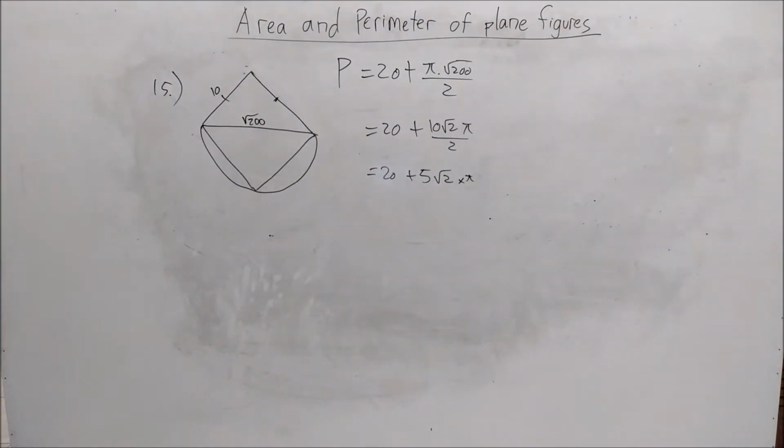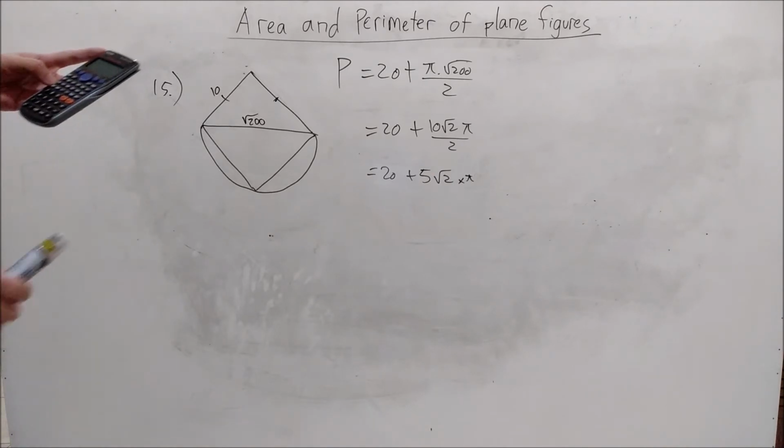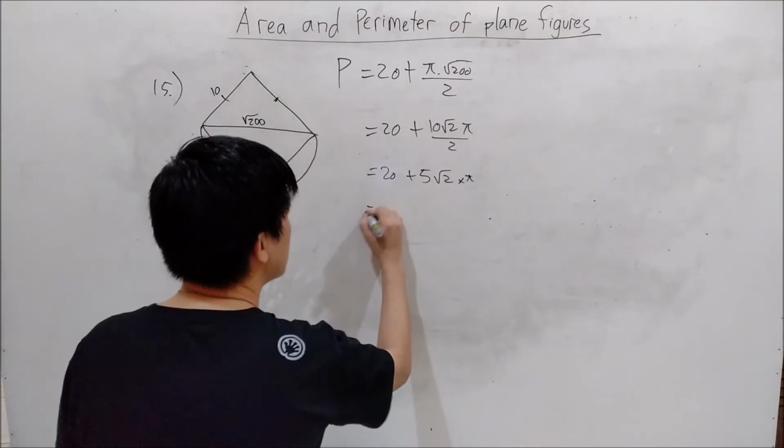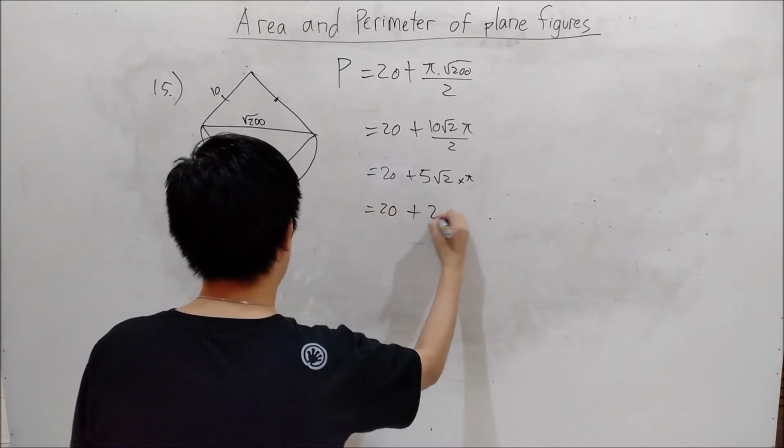Then when you count it, it will be 5 square root of 2 times pi, 22.2, and then you plus this will be 20 plus 22.2.